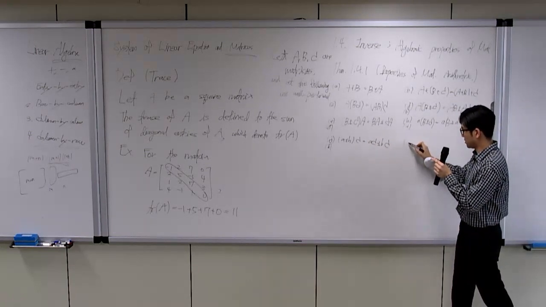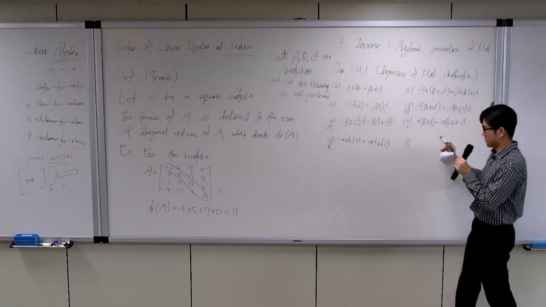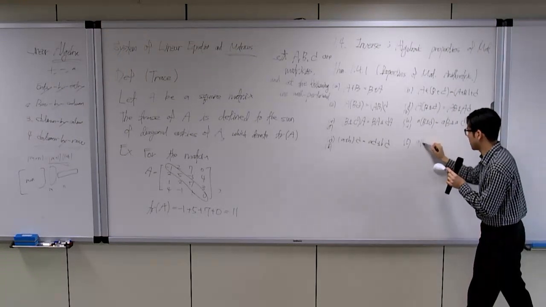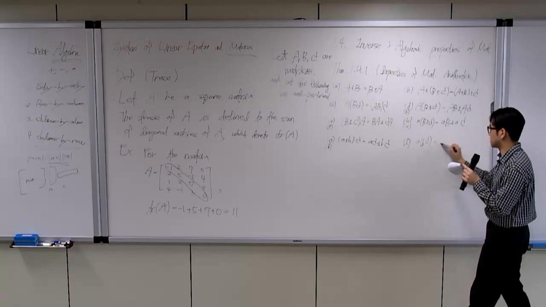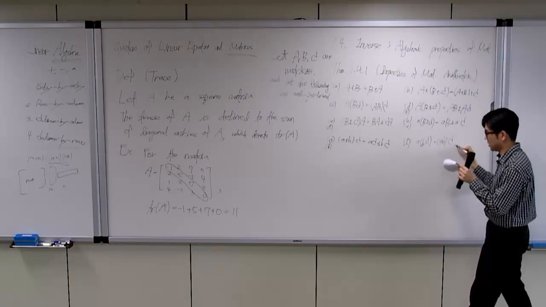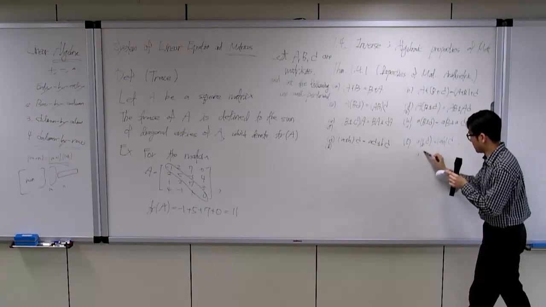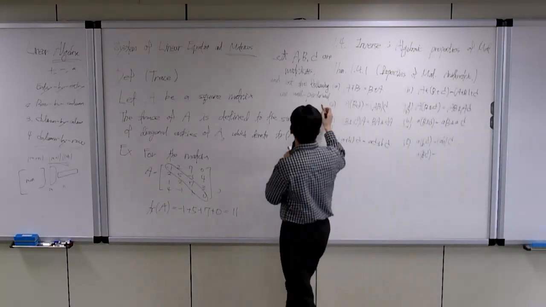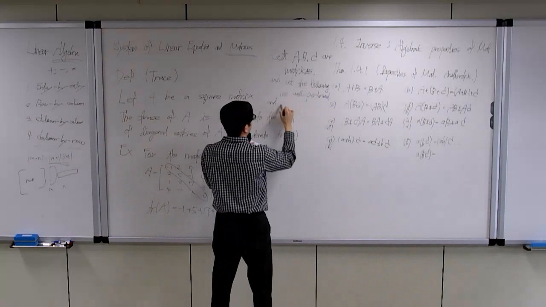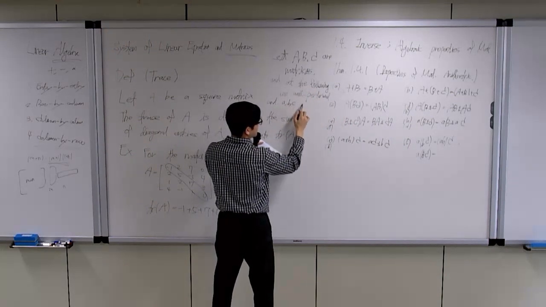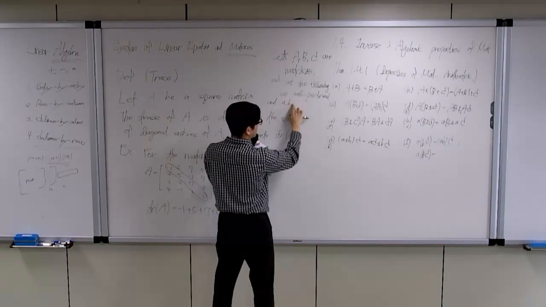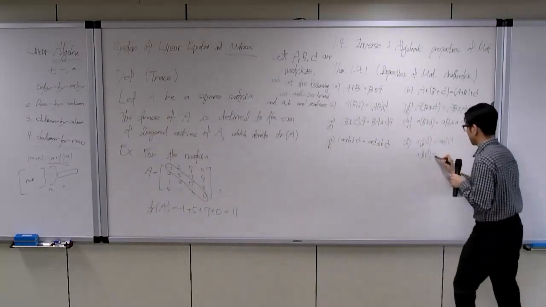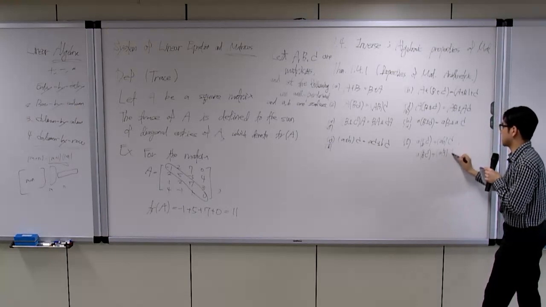Finally, the associativity of A, B, C is also satisfied, and with small a, small b, small c, or scalars, it is also satisfied.